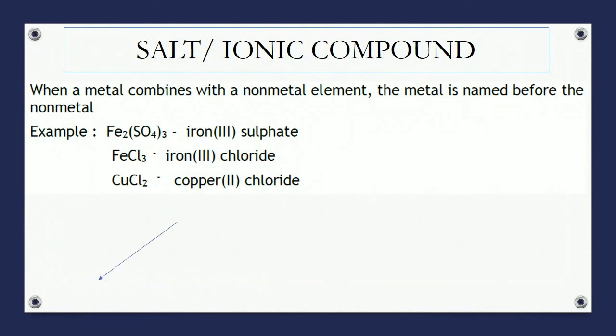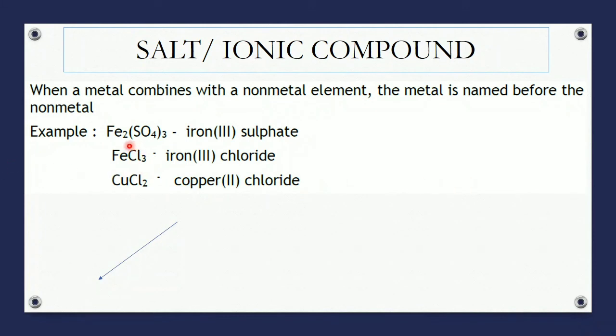So now let's look at the IUPAC naming of salt or ionic compound. When a metal combines with a non-metal element, the metal is named before the non-metal. So we will write the name of the metal first, followed by the non-metal.